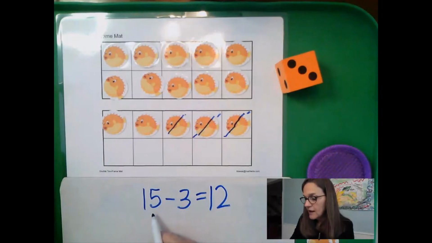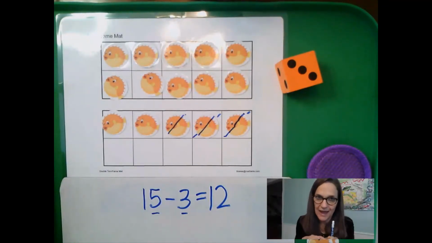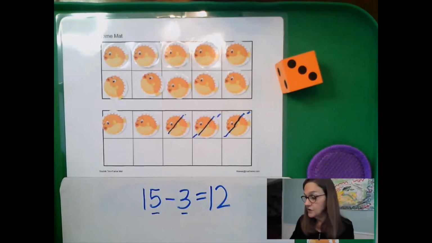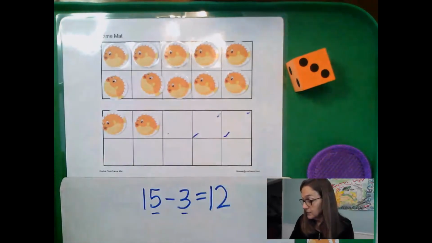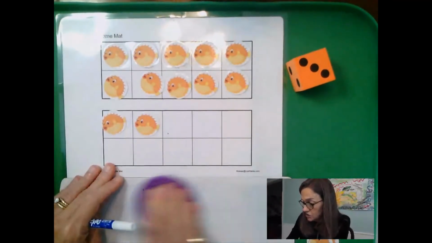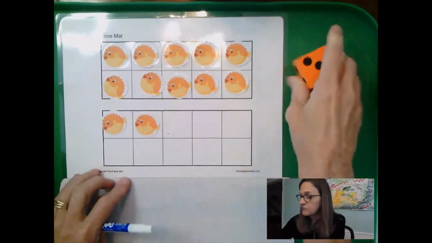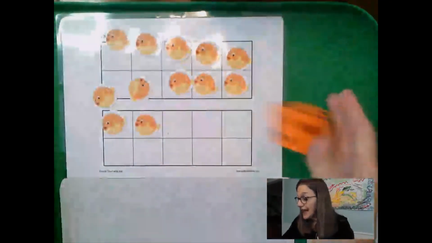Okay, now you can't always subtract just the ones place, because if you have to subtract something big from something small, we can't do that. So for right now, we're not going to do that, but we'll learn that later on. Okay, for example, let's say that we start with just 12 puffer fish. We're going to roll the dice. Hold on, let me roll again.